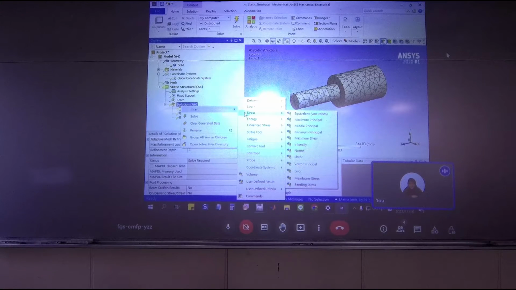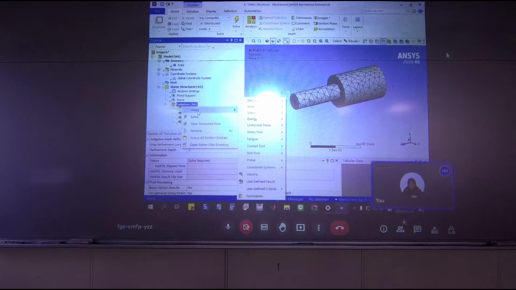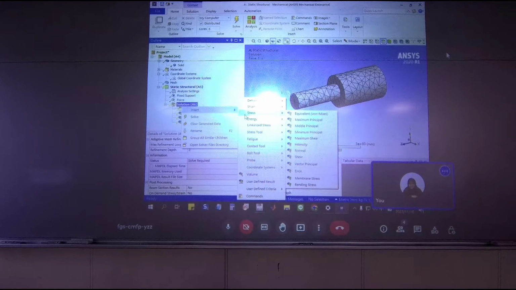And this time you can use maximum shear. Maximum shear. Yes, let's try to see this. One more. And stress. I want to see stress along every direction.